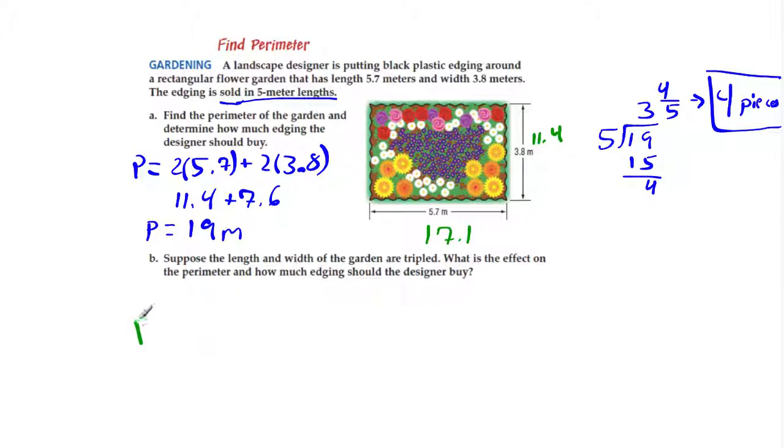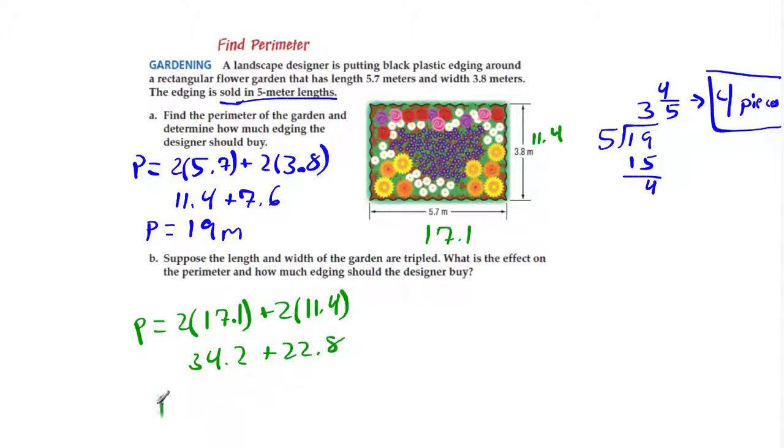So now the new perimeter is going to be 2 times 17.1 plus 2 times 11.4. So this is going to be 34.2, and this is going to be 22.8. If I add these together, I'm going to have really 34 plus 23, which is going to be 57.